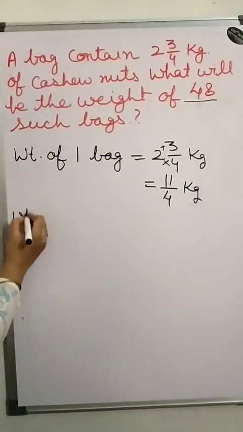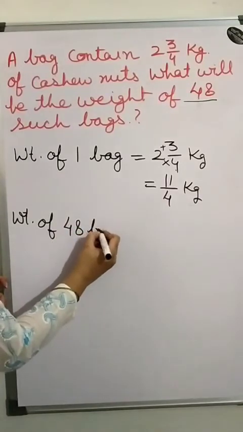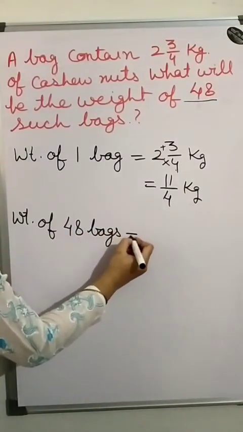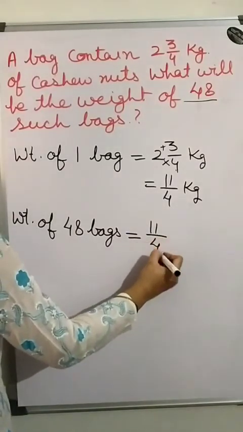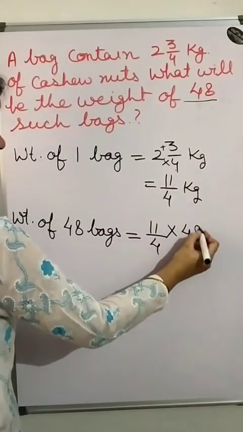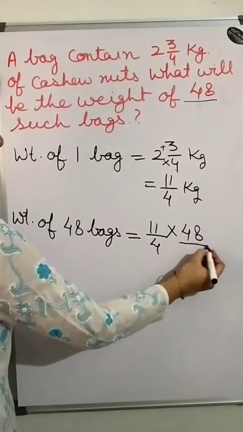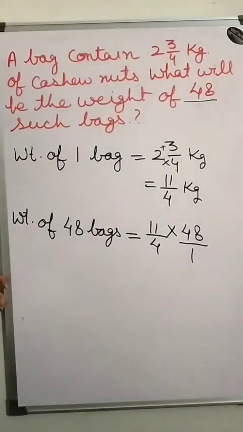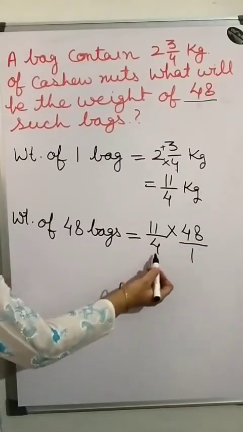So the weight of 48 bags is equivalent to, what we do? We multiply them. Because nothing is written in the denominator of 48, so I am writing 1 here. Can we cut anything here? You see, 4 and 48. 48 is a multiple of 4.